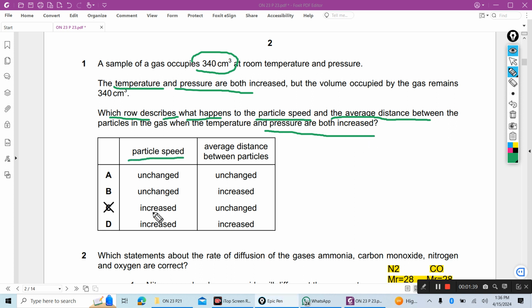So particle speed increased as temperature and pressure increase. Particle speed and rate of reaction will be increased, but the average distance between particles remains the same as the volume remains the same. So the distance between particles remains constant. So the answer is C.